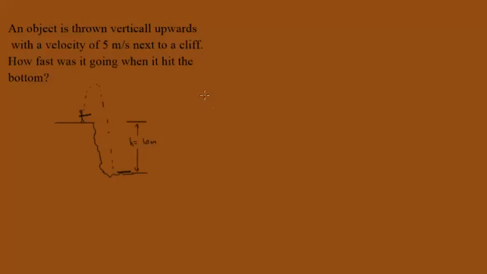This is a similar problem, and we use the same kinematic equation. This is just to emphasize that here we're dealing with displacement, not distance traveled. So our initial velocity here is positive. It's in the positive direction, but again, our displacement is in the negative direction, as well as our acceleration.